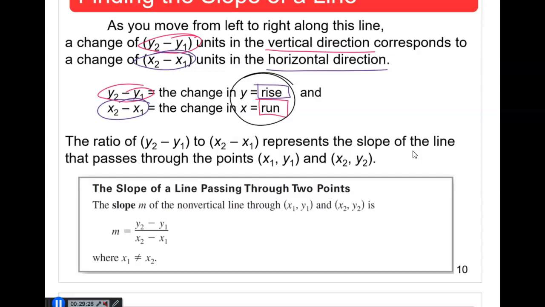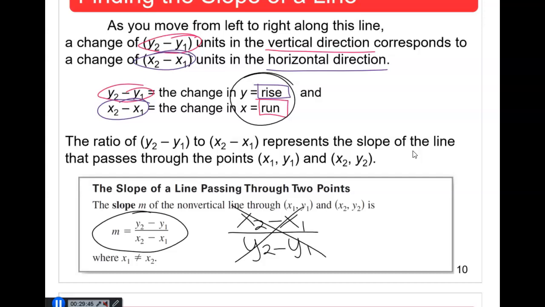If you switch the order, like if you were to write the difference of the x's on top and the difference of the y's on the bottom, that will be completely wrong. Okay, so let's just not get used to that.